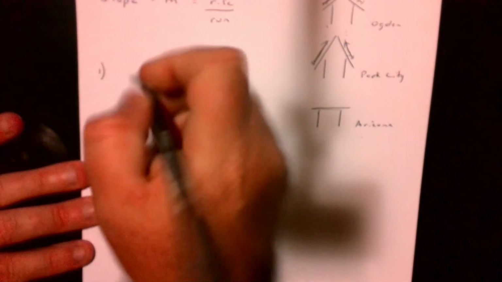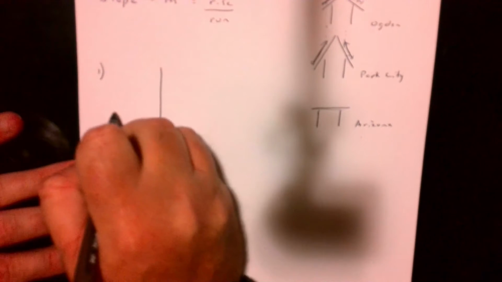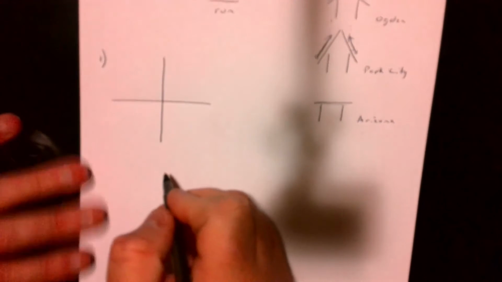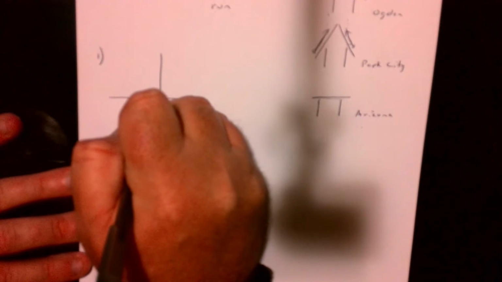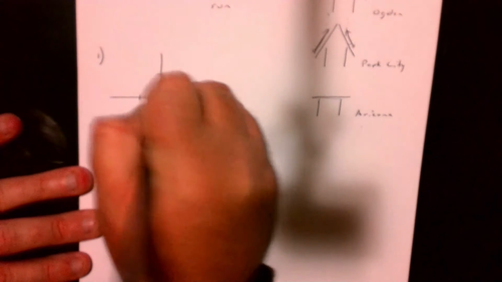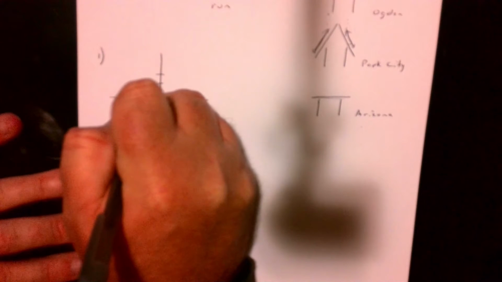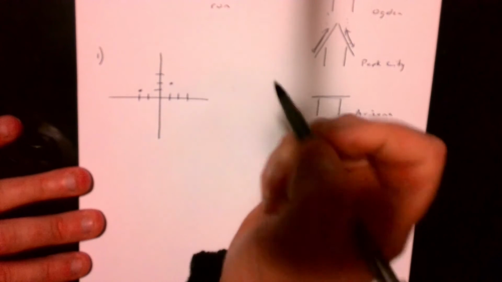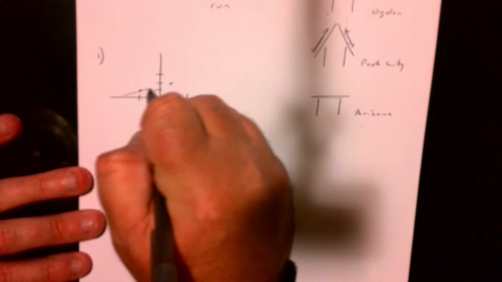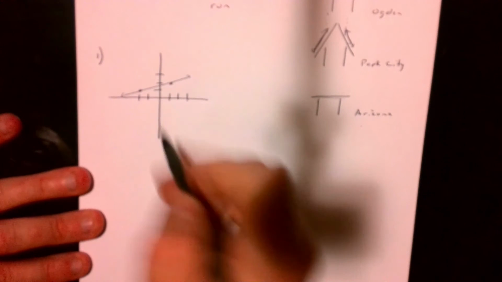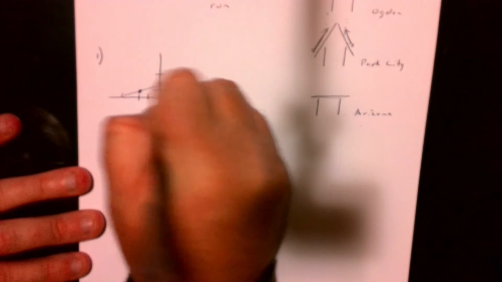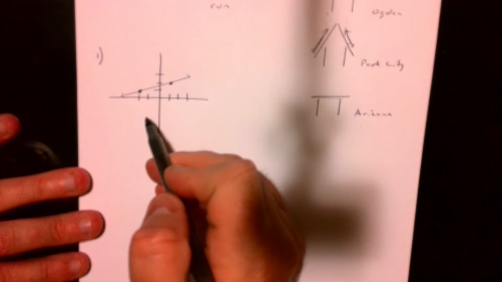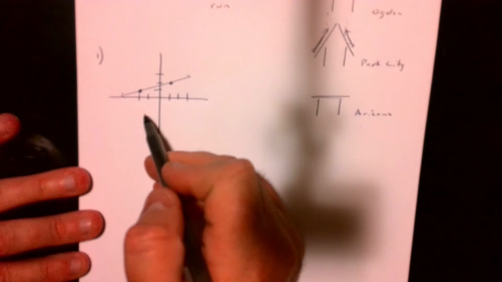So let's look at some situations here. If I have a coordinate plane, and I have a grid, and we have a point here, and a point here, and a line that goes through those. The question is, what is the slope of this line?